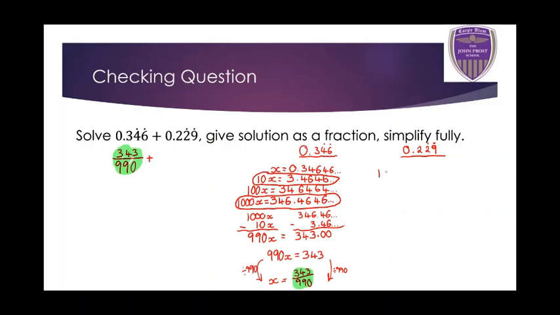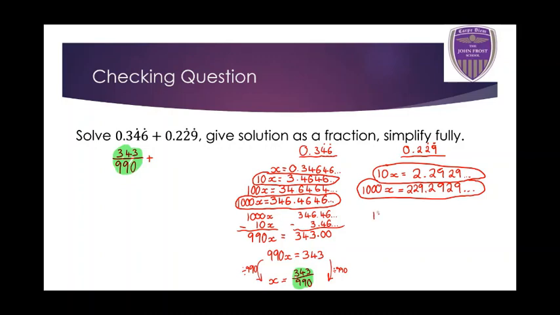I'm fairly confident that if I use 10x, which would be 2.2929 recurring, and if I use 1000x, which is equal to 229.2929, I know that the decimals are going to cancel each other out. So for this one, I'm going to be using 10x again and 1000x, and I just did that by looking at what I used for the last decimal, and it's very similar to this one.